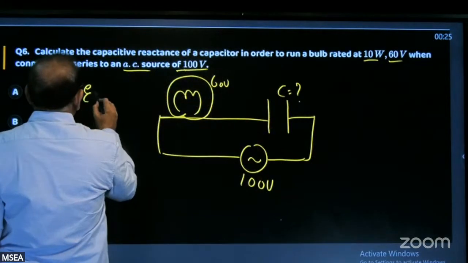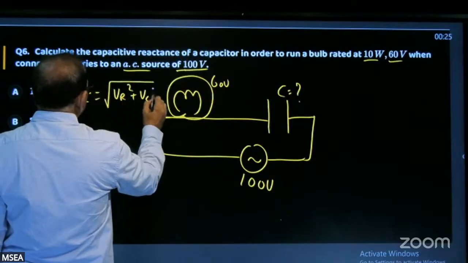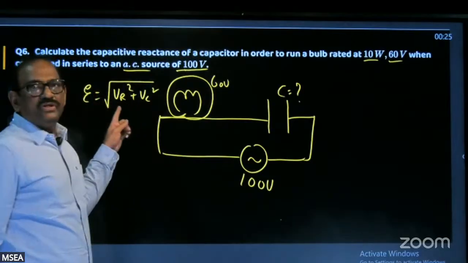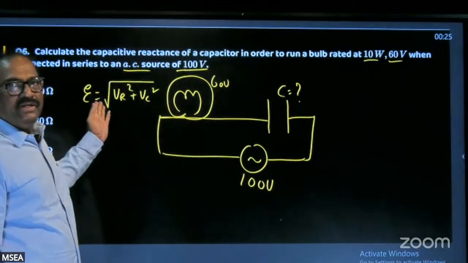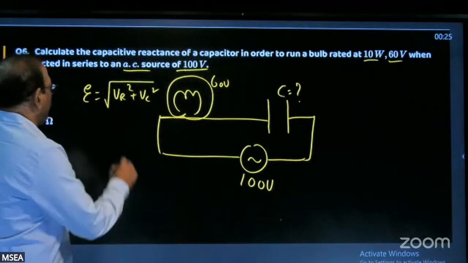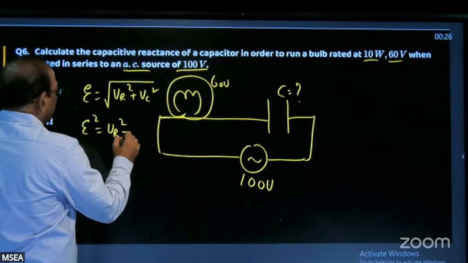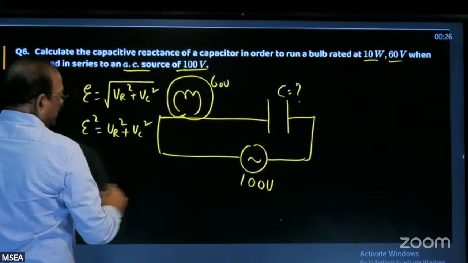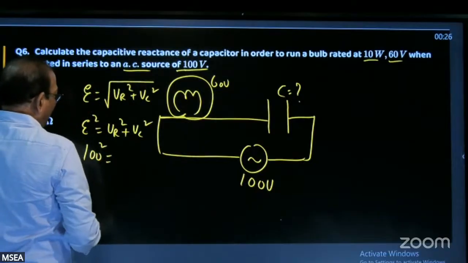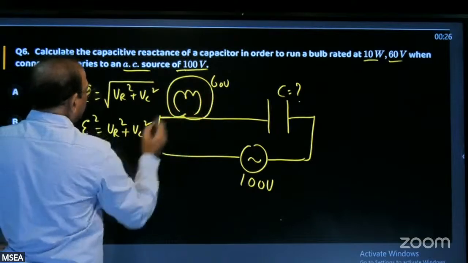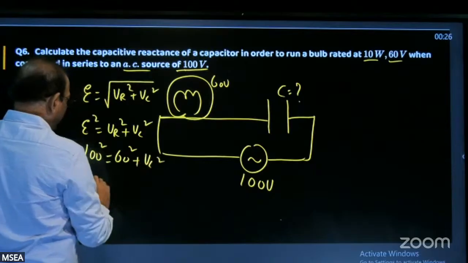Here, E must be equal to root of VR square plus VC square. In AC circuits, you need to use this for voltages, not E equal to VR plus VC. E square is VR square plus VC square. E square is 100 square, VR square is 60 square, plus VC square.